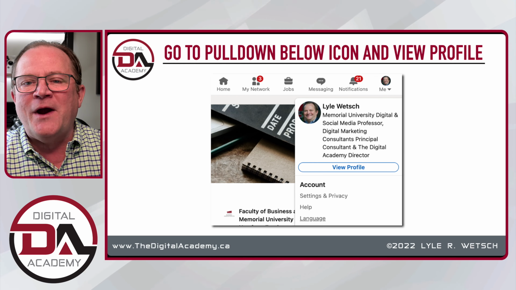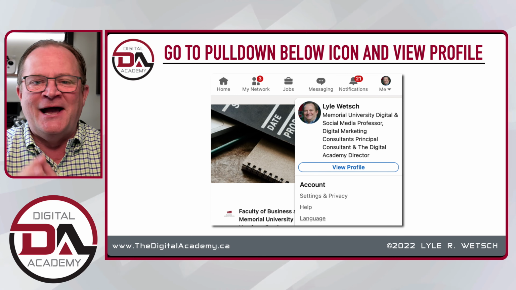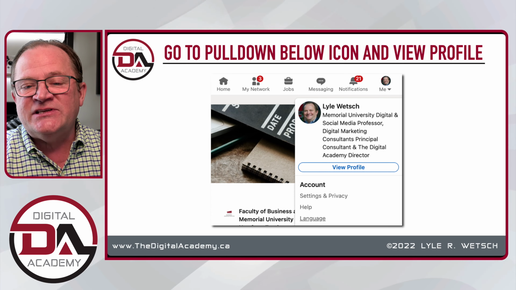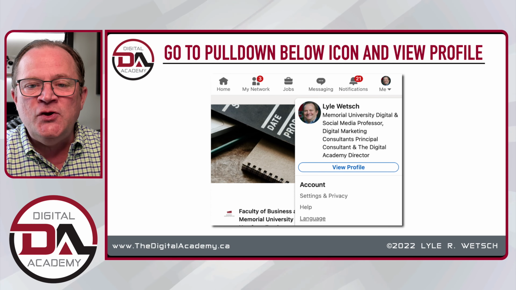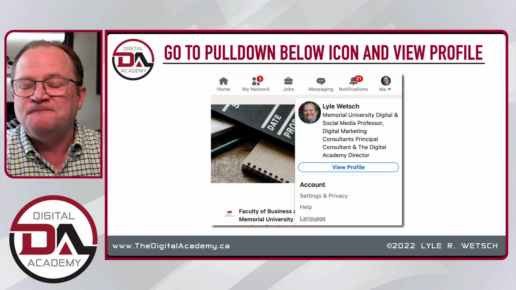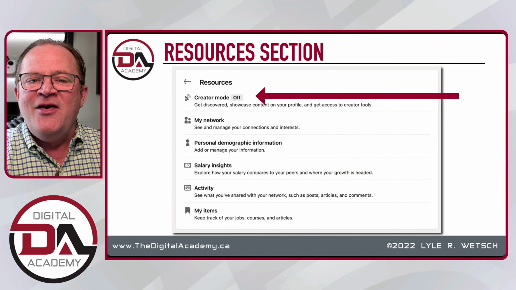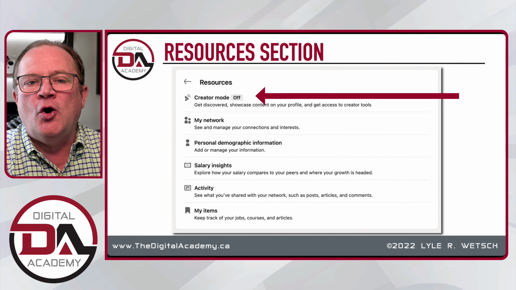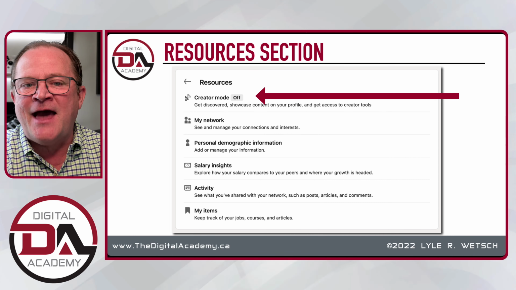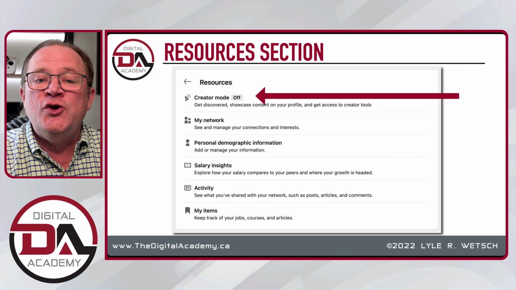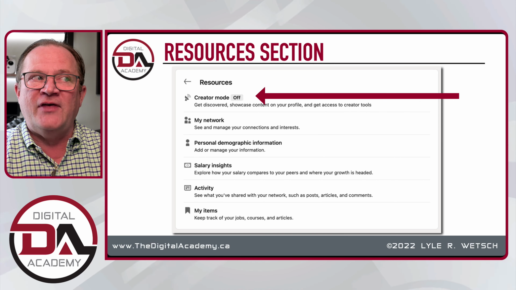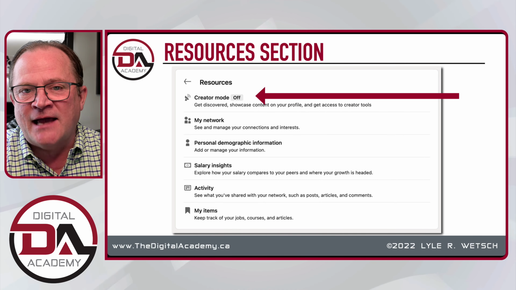You go up to where you have your little icon image in the top with the Me and the down arrow, and you simply click on the View Profile option. Once you've done that, there's going to be a section that appears called Resources. In that Resources section, you will probably see the Creator Mode with an off icon next to it.